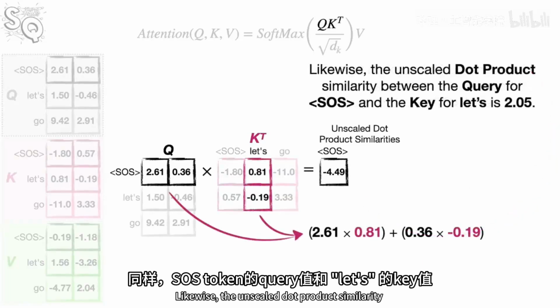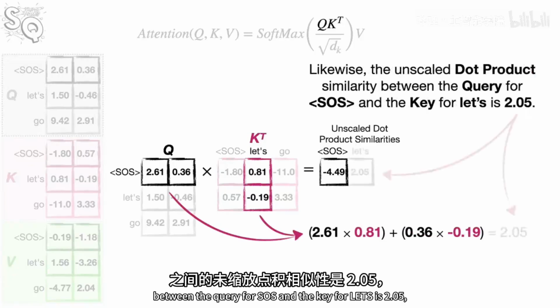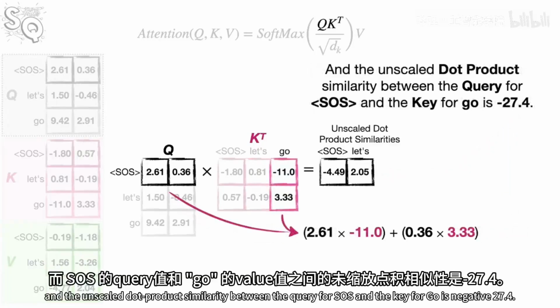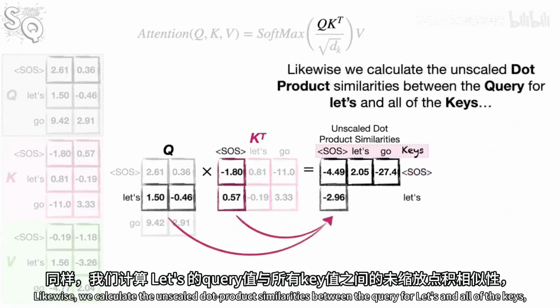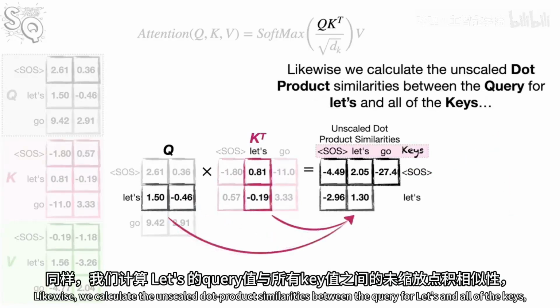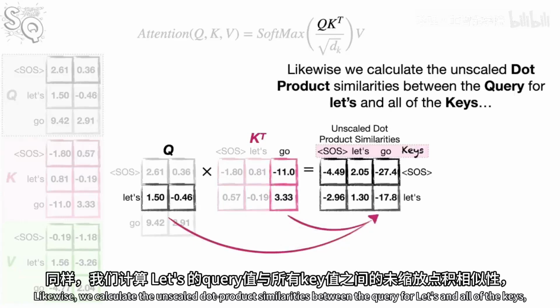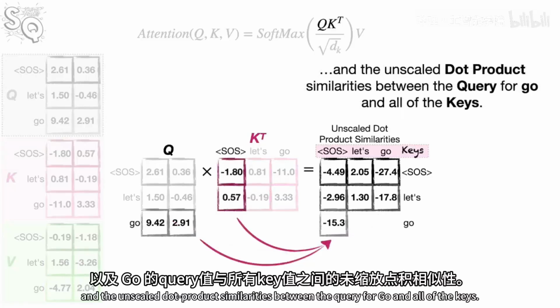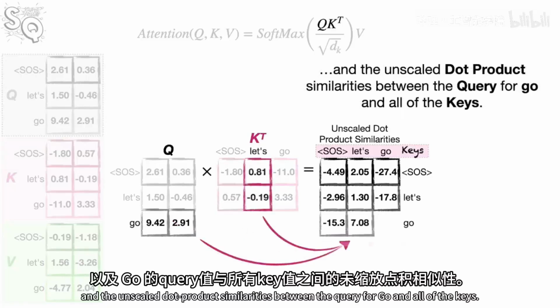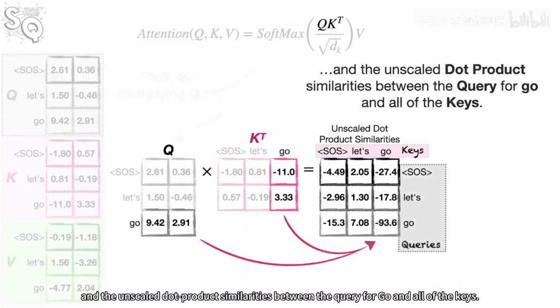Likewise, the unscaled dot product similarity between the query for SOS and the key for LETS is 2.05. And the unscaled dot product similarity between the query for SOS and the key for Go is negative 27.4. Likewise, we calculate the unscaled dot product similarities between the query for LETS and all of the keys, and the unscaled dot product similarities between the query for Go and all of the keys.